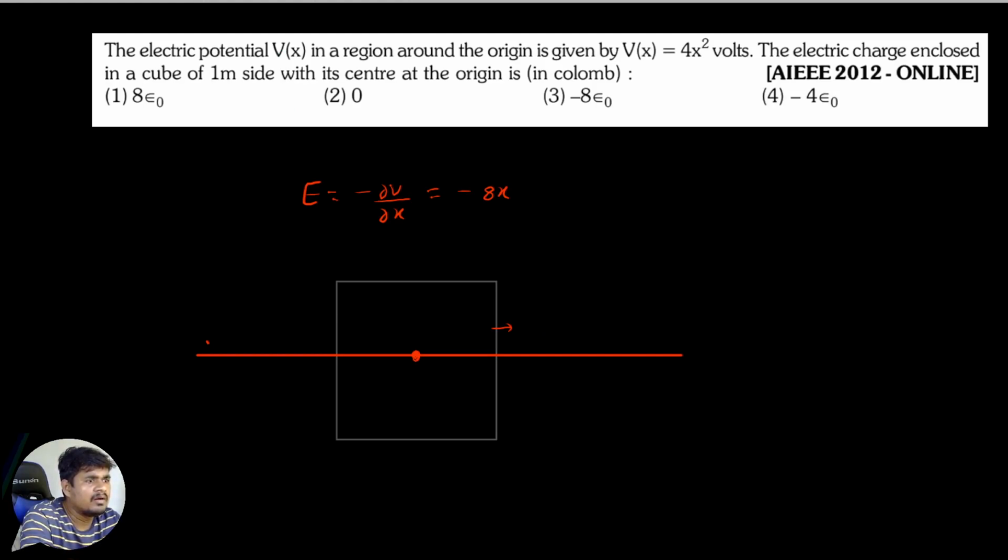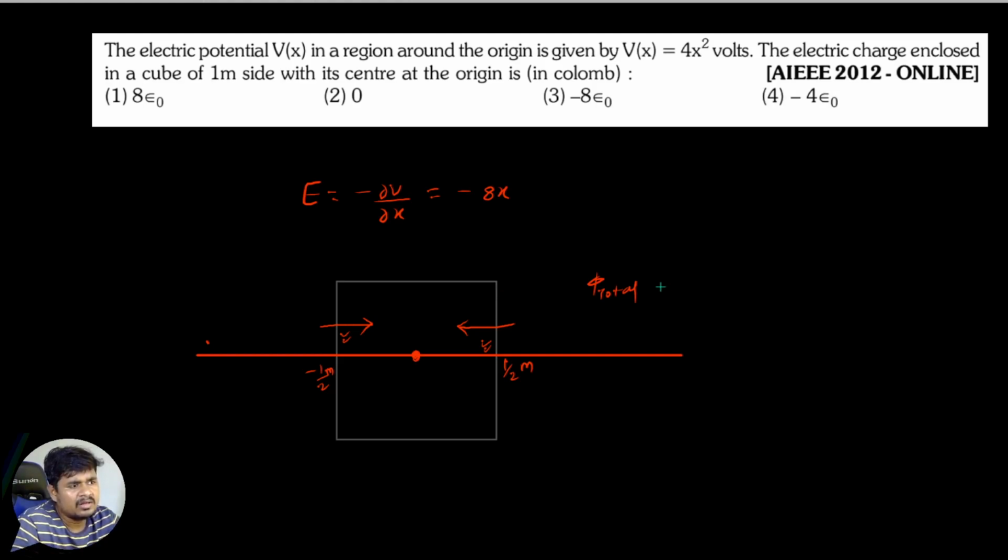The electric field will be in this direction at this side, and in this direction at the other side, because E is equal to minus 8x. This is x equals half meter here, and this is minus half meter. So if I calculate phi total, here flux is negative through this face, and here also flux through this face is negative. Remember, this is a square.